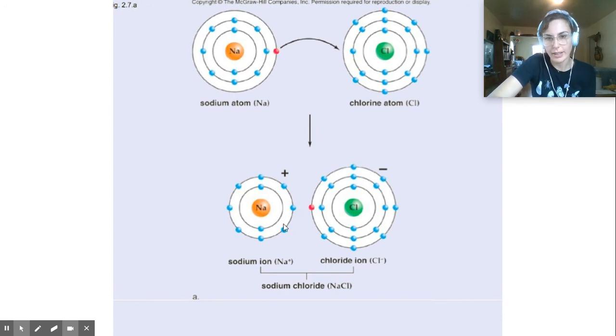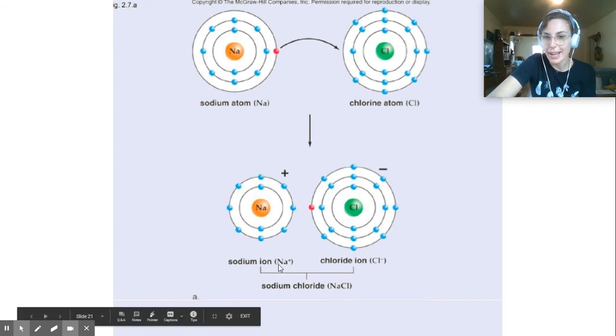It has more positive protons in its nucleus than negative electrons in its orbitals. Chlorine is now a negative ion because it gained an electron, so there are more electrons in its orbitals than protons in its nucleus. So opposites attract, and now we have table salt.